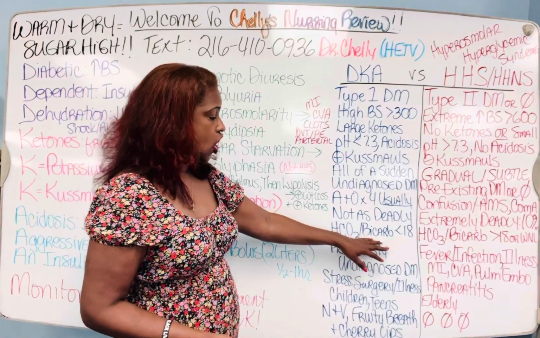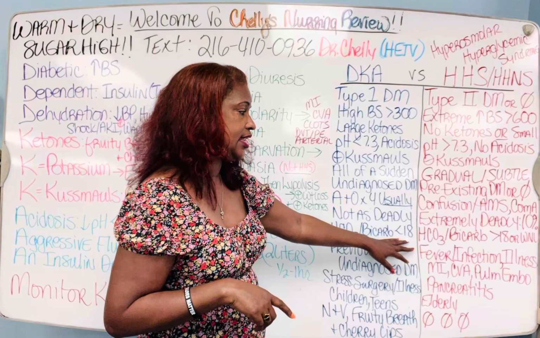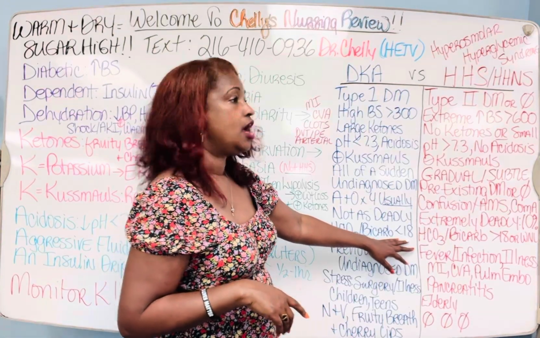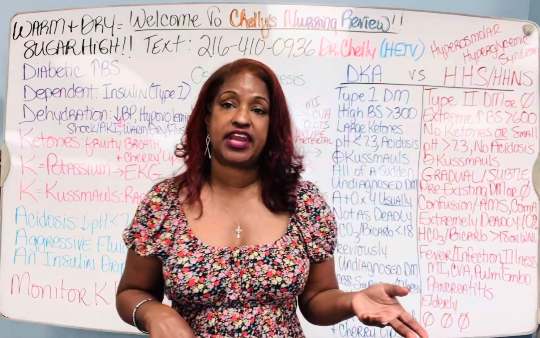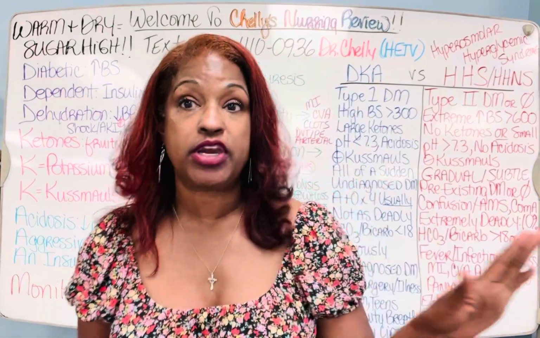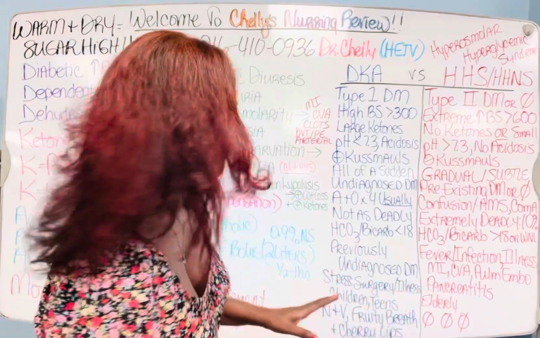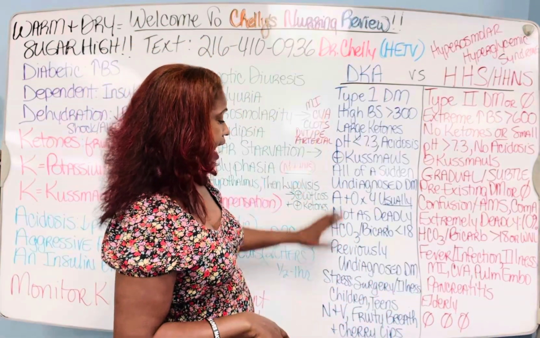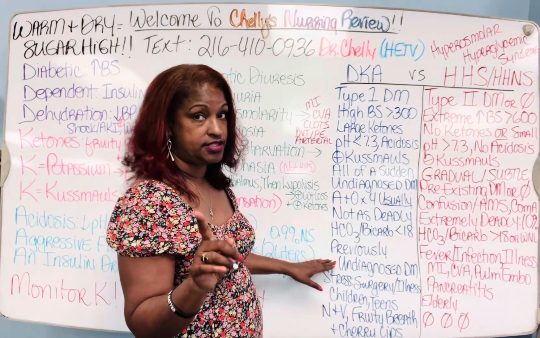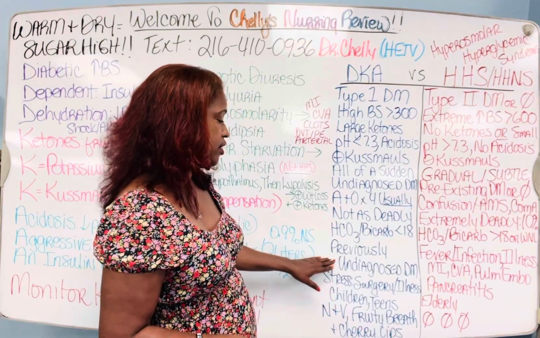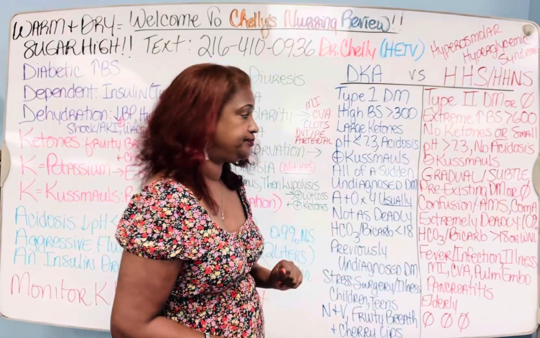The bicarb is not normal with DKA. It's less than 18. For HHS, it is higher than 18 and typically very normal. There is no acidosis. DKA, I said this before, usually you have a previously undiagnosed diabetic.